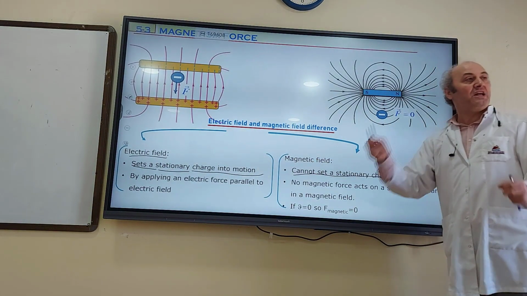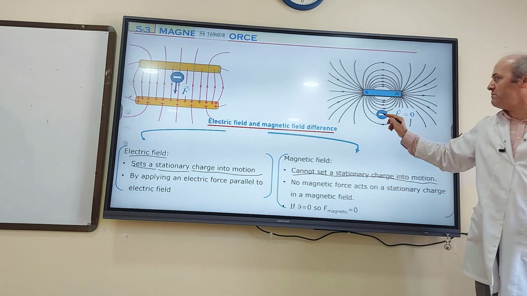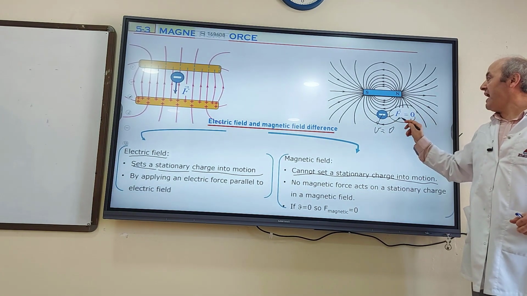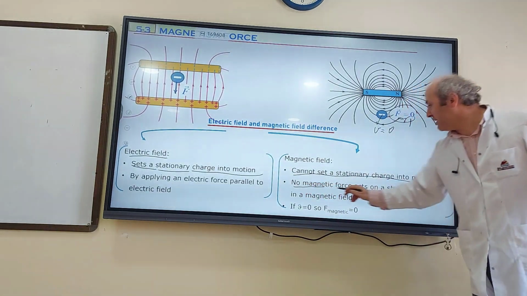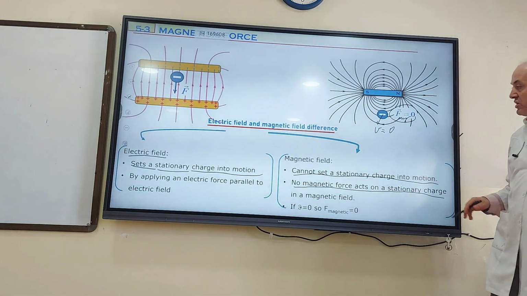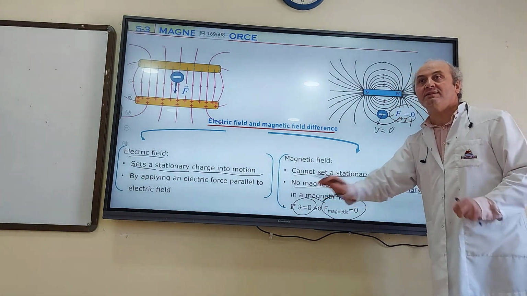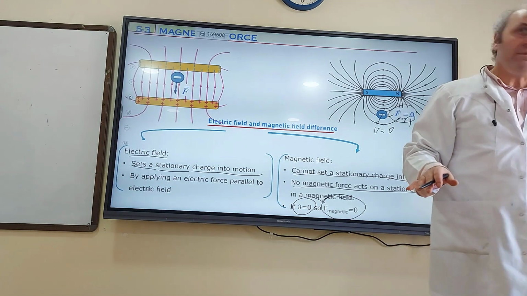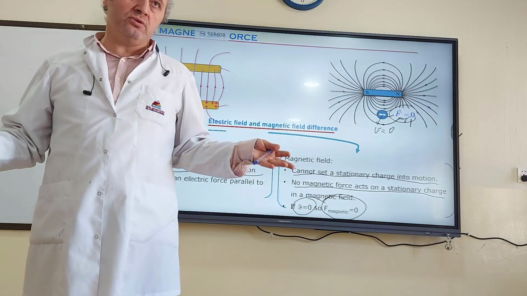So when you put a charge inside a magnetic field at rest, what does at rest mean? Its velocity must be zero. So the magnetic force acting on the charge is going to be zero. No magnetic force acts on the stationary charge in a magnetic field. If velocity is zero, no force acts on it. And magnetic field cannot set a charged particle into motion.